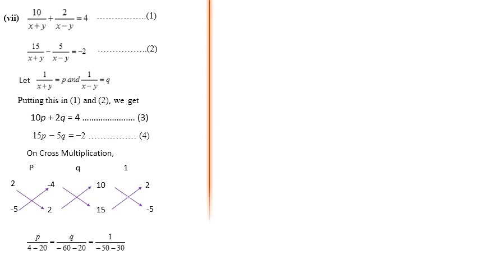You have to subtract it. Then go for calculation: p divided by 4 minus 20, that is minus 16, q divided by minus 60 minus 20, that is minus 80. Finally 1 divided by minus 50 minus 30, that is minus 80. Take two pairs, that is p divided by minus 16 is equal to 1 divided by minus 80.